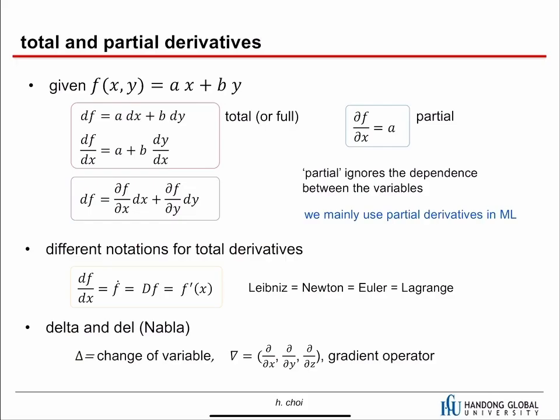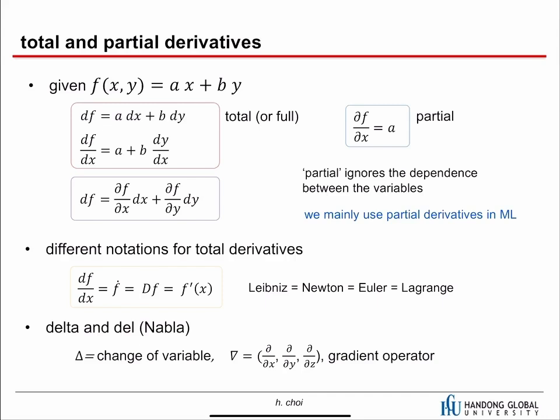Okay, so basically I'm done, but there are some students who are confused with these total derivatives and partial derivatives. So let me explain what's the difference between these two. Okay, given a function f, which is ax plus by, and if we calculate the total derivative, then we don't ignore the relationship between the variables. So the derivative of f with respect to x is a plus b times dy over dx, because x and y are kind of connected.